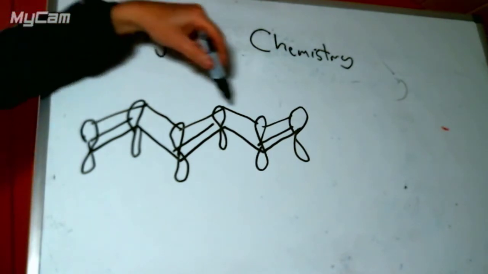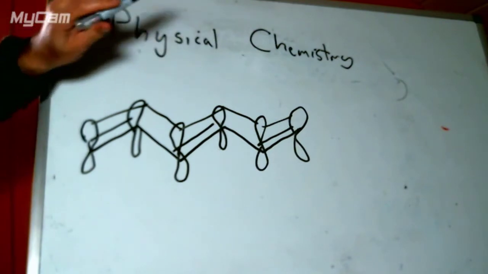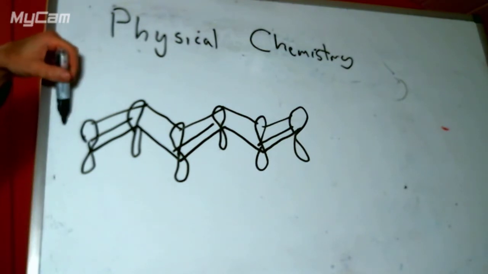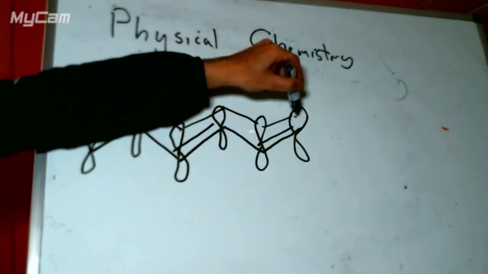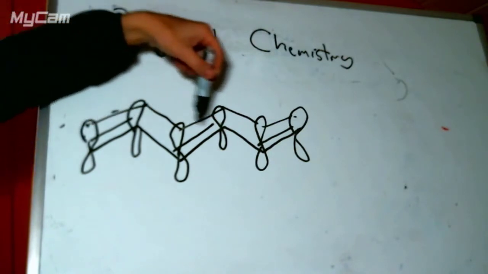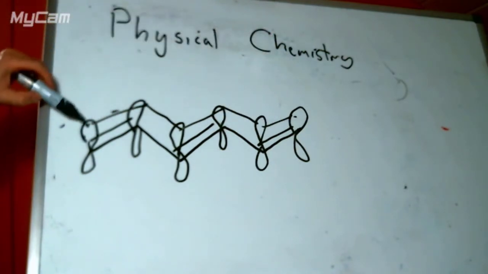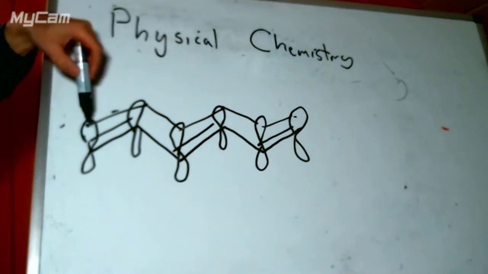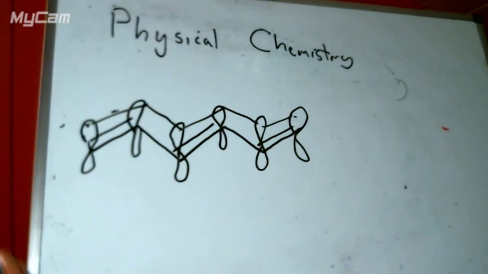This molecule could theoretically conduct. We have to give it an excess or a deficiency of electrons to be able to conduct, but if we put electrons in at the end here, we can take them out the other end because it's all one orbital. And that's because all of the carbons along this chain have the same pi bonding orbitals.